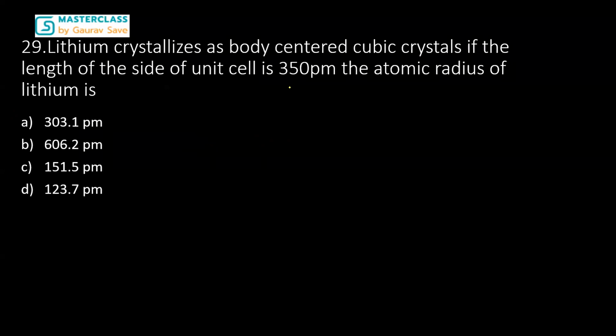Okay, next, lithium crystallizes as body centered unit cell. So they have given that it has body centered unit cell lattice, and the edge length is 350 picometer. For a body centered unit cell, the relationship between a and r is a equals 4r upon root 3.